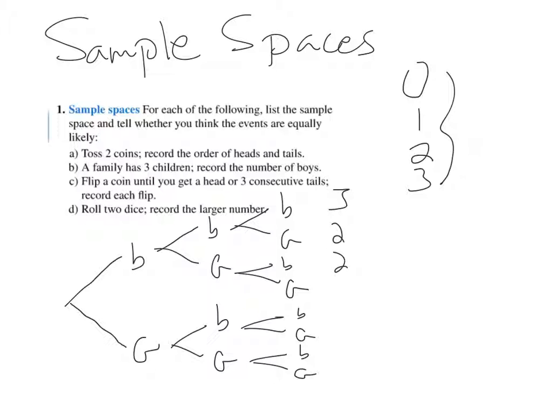And I'm already seeing that probably not. There's only one way to get all 3 boys out of 8. So 1 out of 8 versus 3 out of 8 ways to get 2 boys, 3 out of 8 ways to get 1 boy, and 1 out of 8 ways to get 0 boys. So are they equally likely? No, they are not.